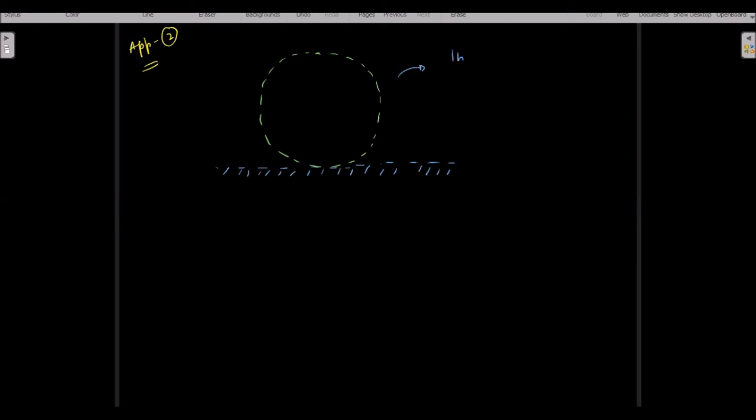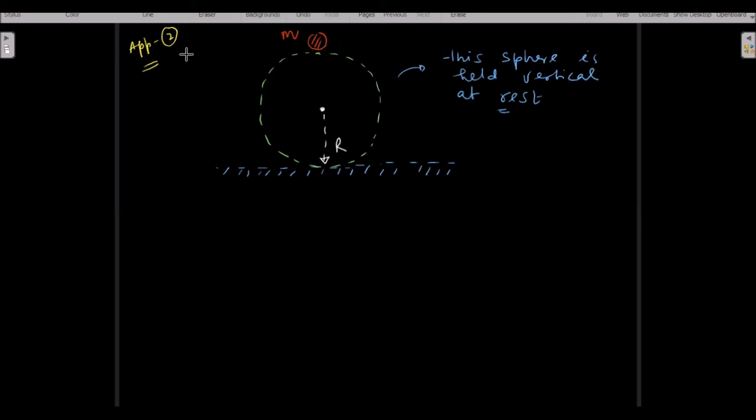So this sphere is held vertical at rest, correct? We are considering that the radius is capital R. Here is mass m, right? So this mass is released from rest.